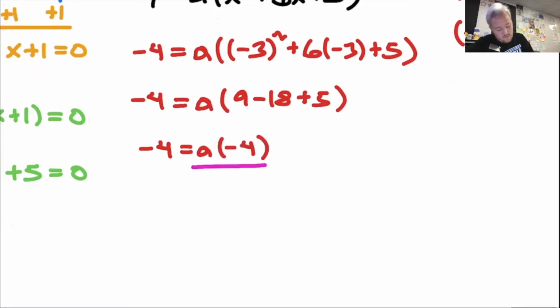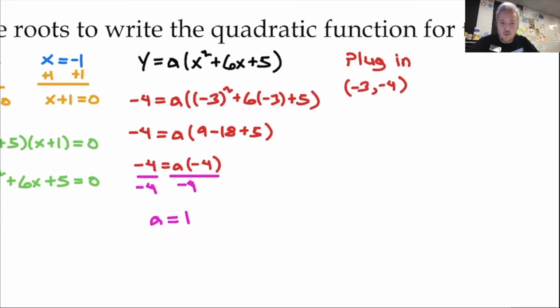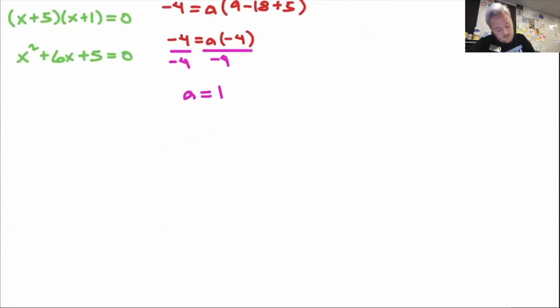When you divide on both sides by negative 4, you get an a value of 1. So an a value of 1 is not going to change the equation. So your initial equation that we had up here, that's going to be your equation. I'm going to copy that equation down here.